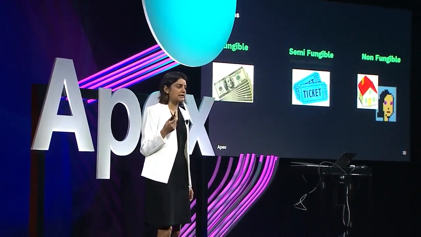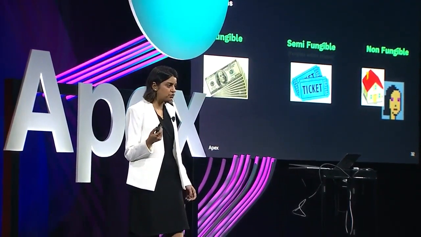The second type, semi-fungible tokens, or SFTs, can be traded as both fungible as well as non-fungible assets. An SFT can have a fungible value which can be traded with another SFT of the same value. But once this token is used or redeemed, it loses its value and could then become an NFT.